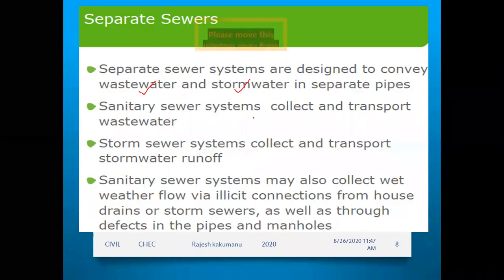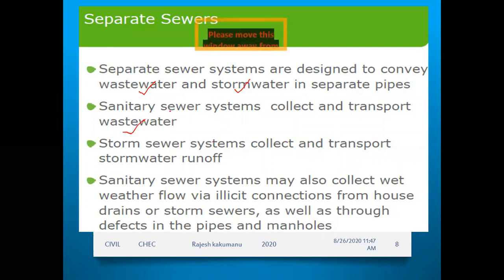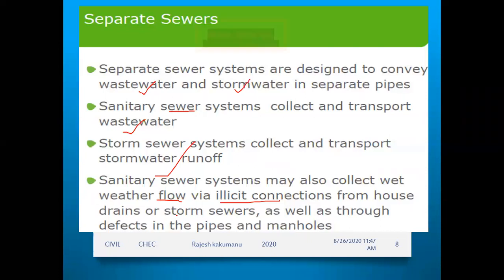The sanitary sewer systems collect and transport the wastewater to the treatment plant. Storm sewer systems collect and transport storm water runoff. Sanitary sewer systems may also collect wet weather flow via illicit connections from the house drains or storm sewers, as well as through defects in the pipes and manholes.